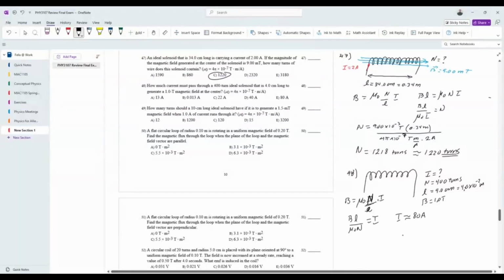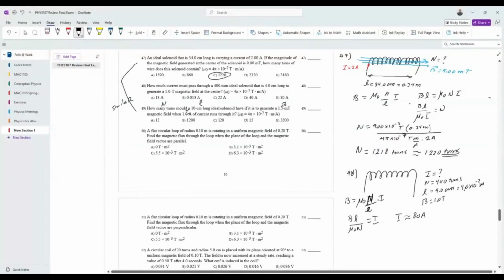Now 49, again, is another variation of this same problem, using exactly the same formula. In this case, again, they want to find the number of turns. So it would be basically like 47. So 49 and 47 are similar exercises, where they give you the length, they give you the intensity of the field, they give you the current, and they ask you for how many turns.